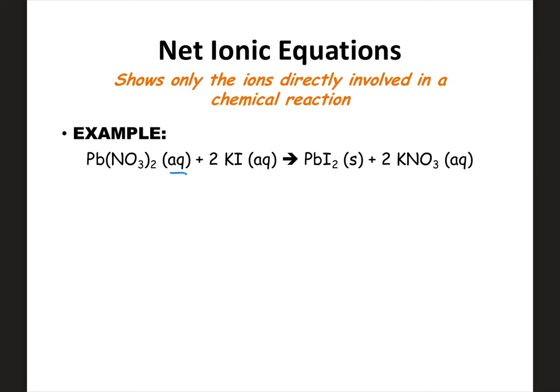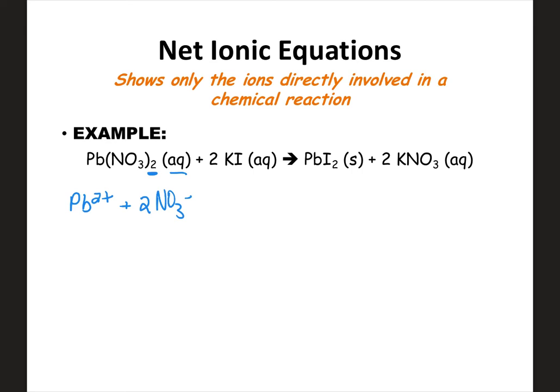So lead(II) nitrate in water is not actually lead(II) nitrate. It's going to rip apart into its ions. Remember, ions have charges. So when you put lead(II) nitrate in water, it's going to turn into Pb2+, because that's the first ion here, that's your cation, plus 2 of the NO3 minuses. Very important to realize that according to this formula, there have to be 2 NO3 minuses for every 1 Pb2+.